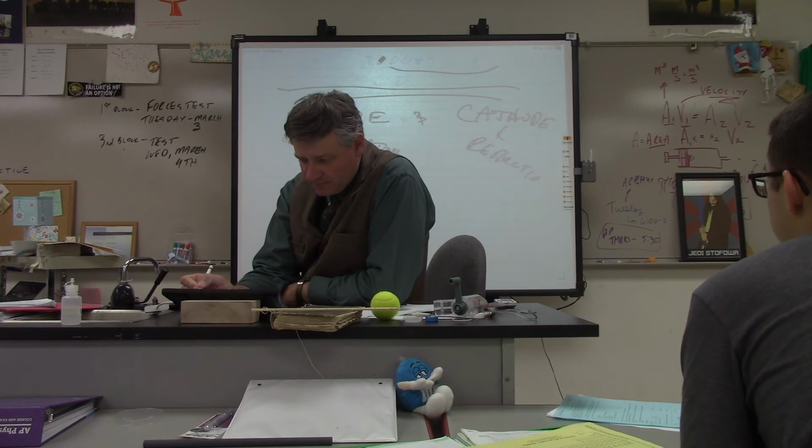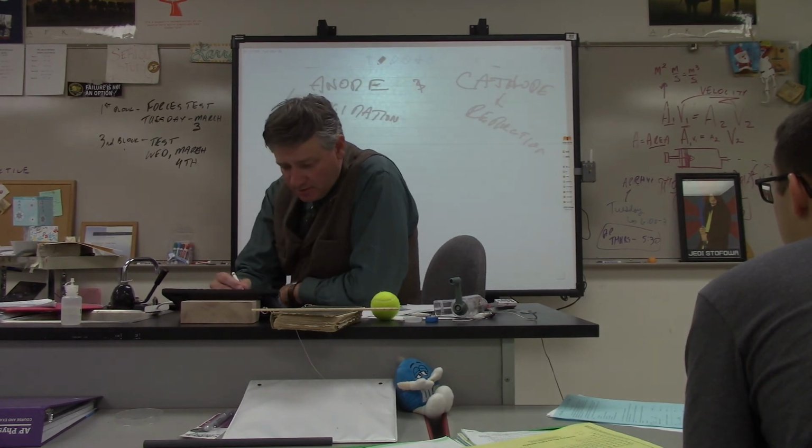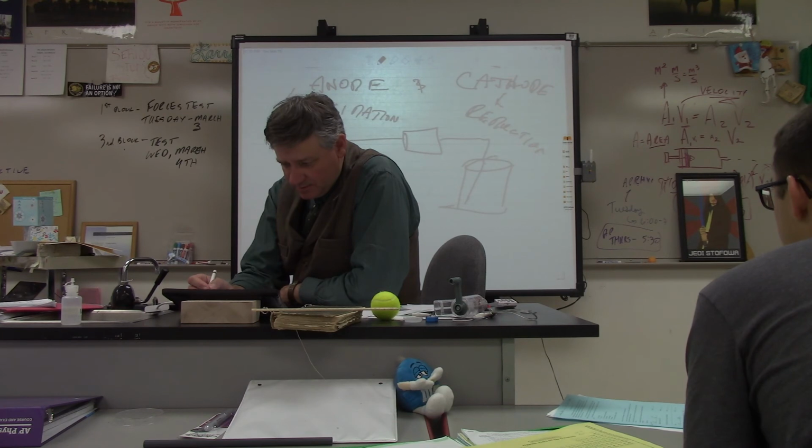So let's say that you want to build a galvanic cell or a voltaic cell, the same thing. And let's say that you have a strip of copper here and a 1 molar solution of copper nitrate. I want to make some electricity, so I'm going to hook that up to something over here.